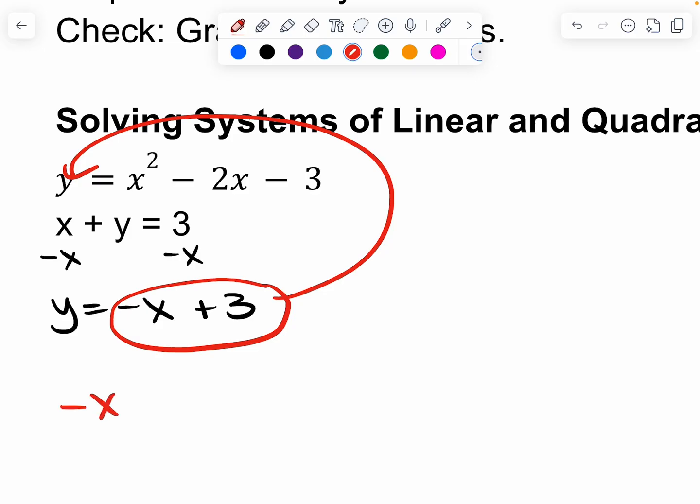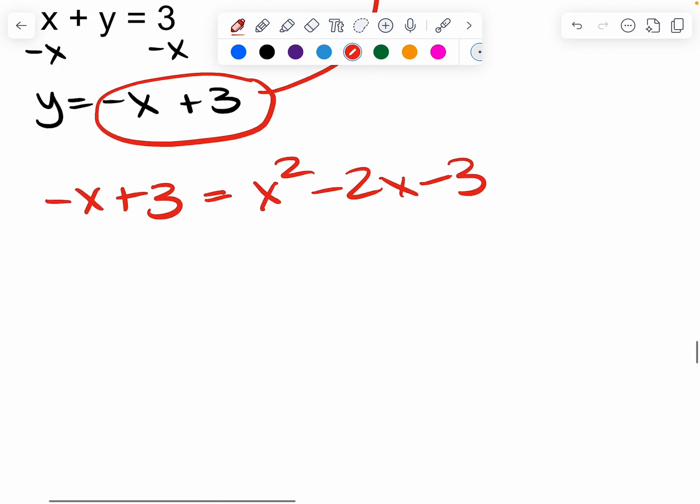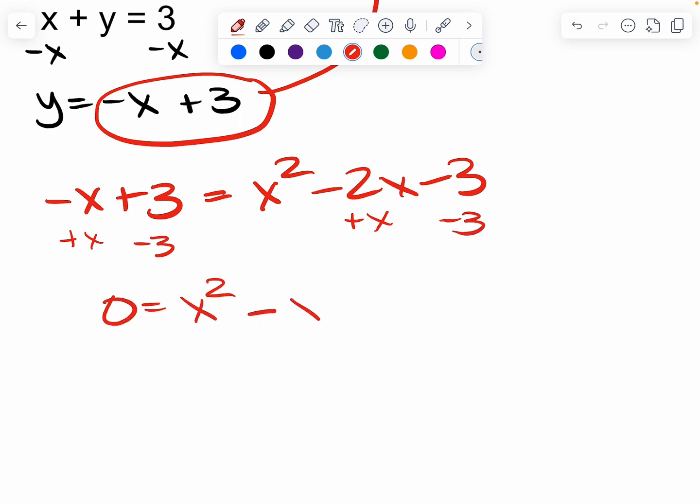So negative x plus 3 equals x squared minus 2x minus 3. So I'm going to add x, I'm going to subtract 3, and I get 0 equals x squared minus x minus 6.